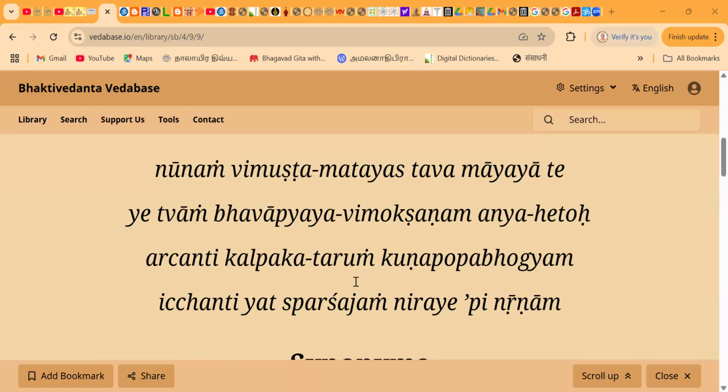Therefore in this verse Dhruva Maharaj, because he has experienced the sweetness of the Lord, is feeling repentant that the happiness arising from relation to sense objects is available in the birth of the pigs also. Nirayepi nrinam.